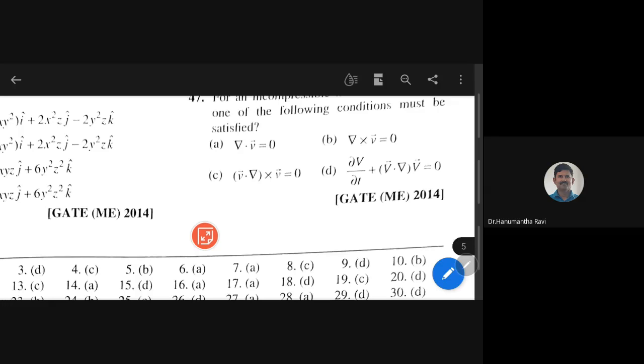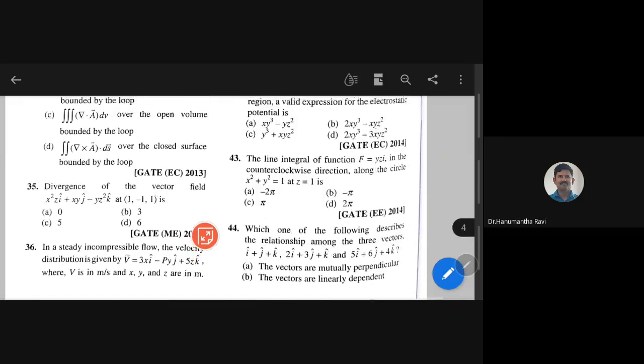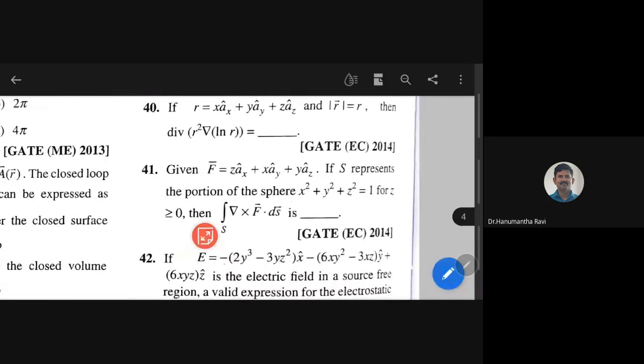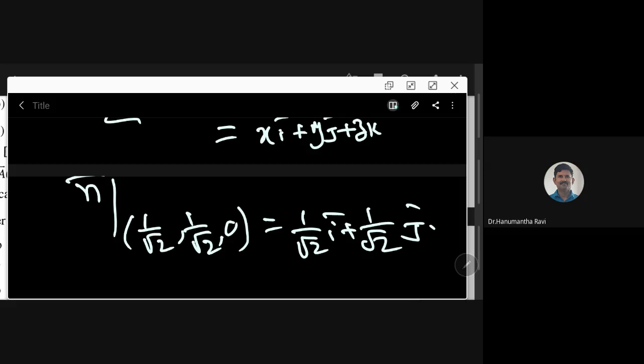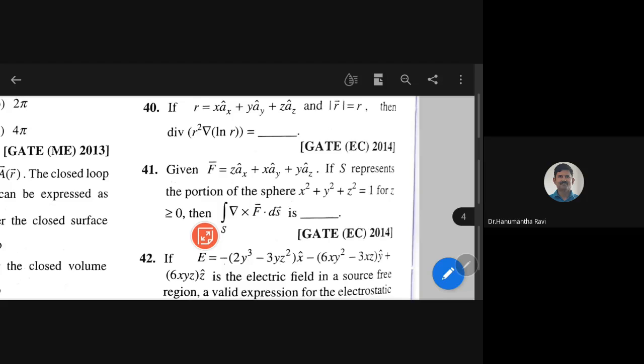Okay, we'll look at problem 41. Given f bar, here f bar is z a x bar plus x a y bar plus y a z bar, where a x bar means unit vector along x, a y bar means unit vector along y, and a z bar means unit vector along the z axis.